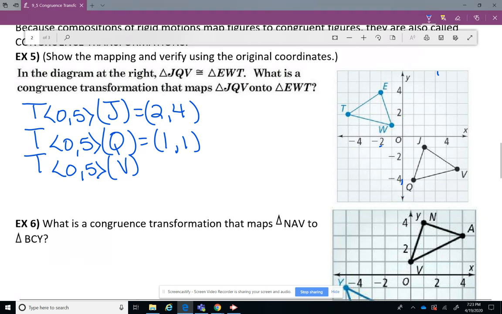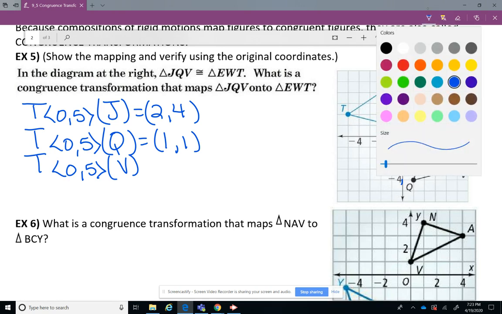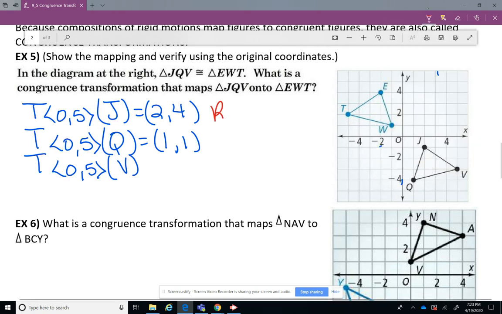The second thing we did is, and I'll do this in red, we're going to reflect over the y-axis. When we reflect J, which was right here, over the y-axis, we get -2, 4.